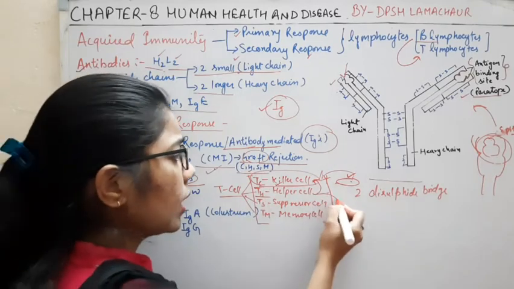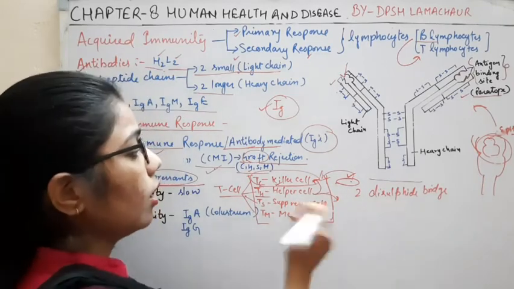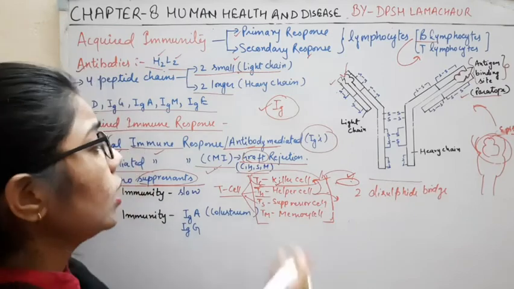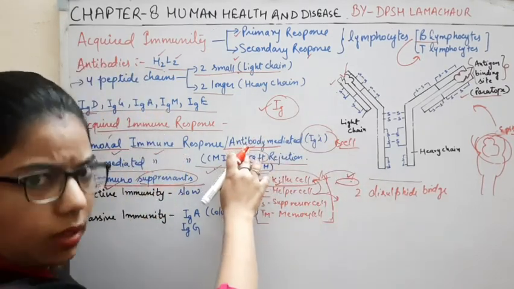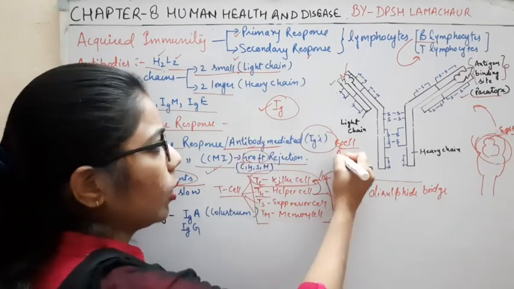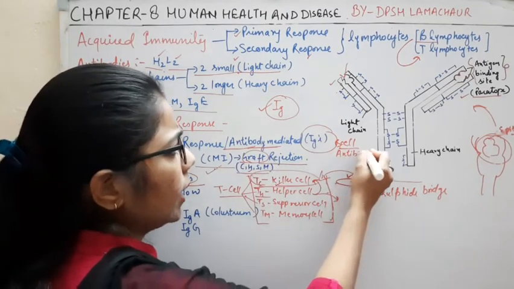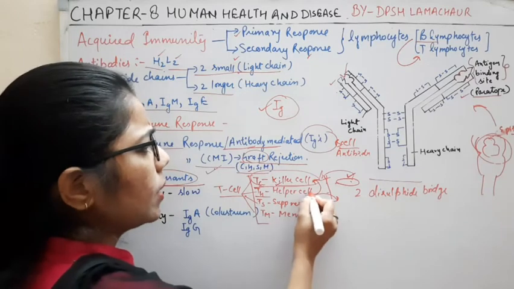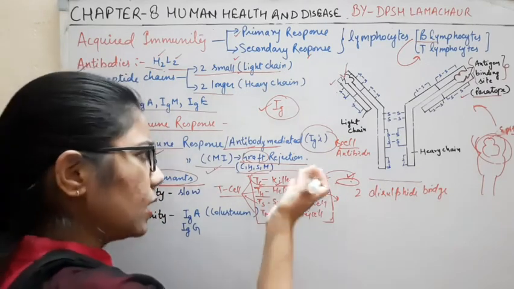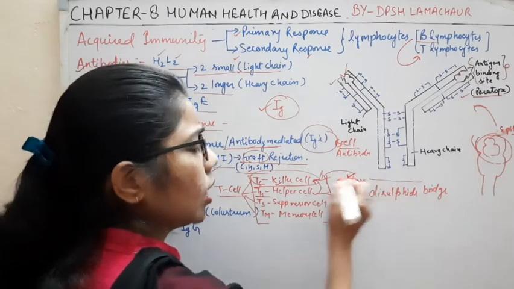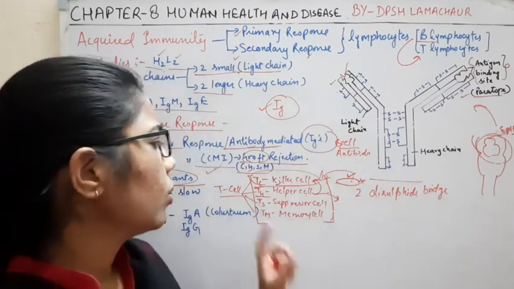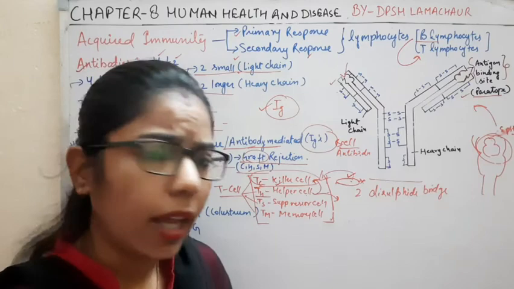As well as it will give an invitation to these B cells, which are present here, which are making the antibodies. What is the role of this one? Antibodies. So this helper cell will send the invitation to the killer cell as well as the B cells to come here and to attack this pathogen and kill it, right? So here we have done the work of the helper cell.